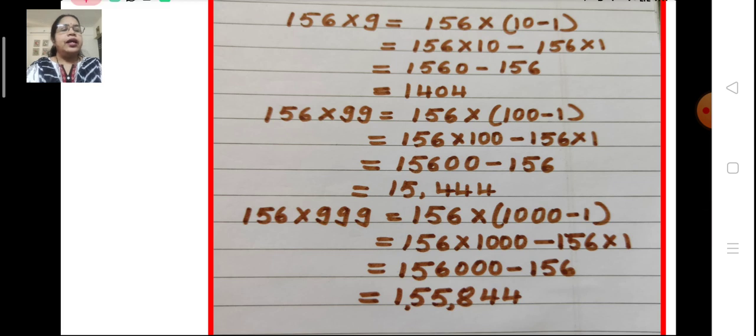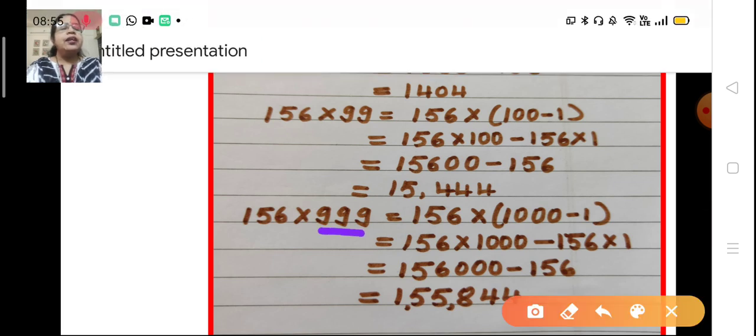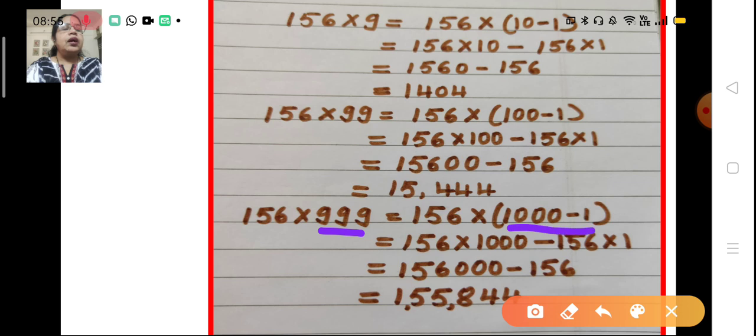Now the next one, 156 multiplied by 999. Again in place of 999 we take 1000 minus 1. Using the distributive property, it becomes 156 multiplied by 1000 minus 156 multiplied by 1. So what do we get? We get 1,56,000 minus 156.